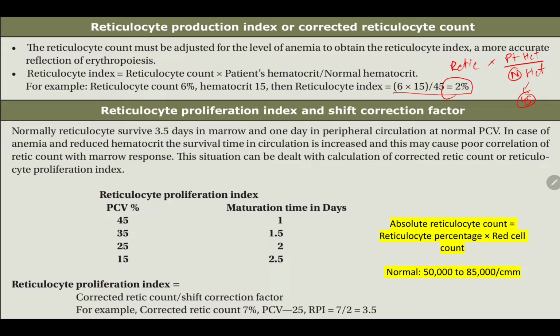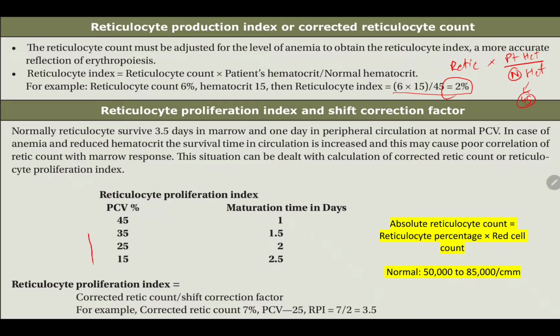Now the reticulocyte production index is calculated depending on the maturation of the reticulocyte. So here it depends on the packed cell volume of the RBCs. According to packed cell volume, here is the table of maturation time in days.